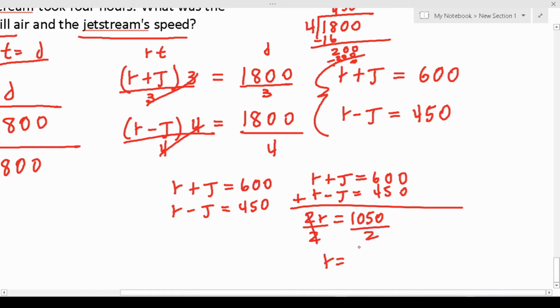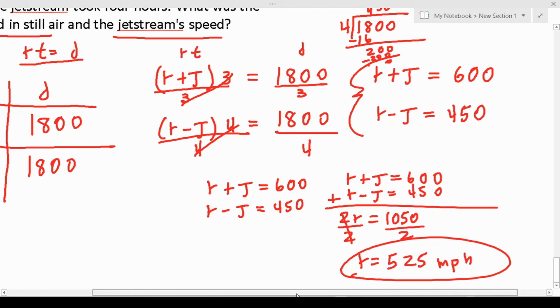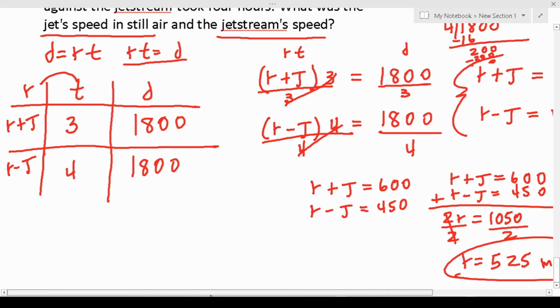This becomes R equals 1050 divided by 2, which we should be able to do in our head. 10 divided by 2 is 5. 50 divided by 2 is 25. So as we can see, this R refers to the rate of the jet traveling in still air. So we've answered this first part of this question. R is 525. So the speed of the jet in still air is 525 miles per hour.